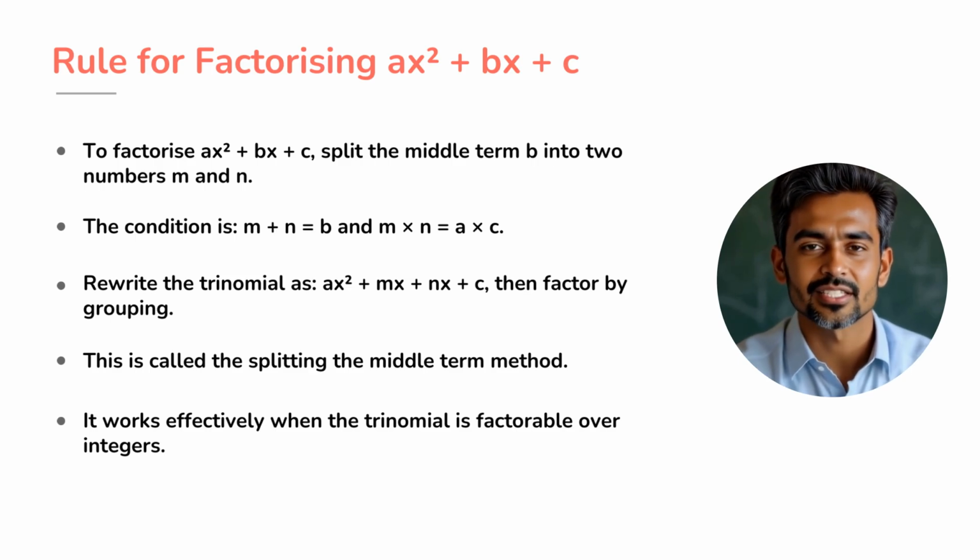Let's write that as m plus n equals b, m times n equals ac. Once we find the right m and n, we rewrite the expression as ax squared plus mx plus nx plus c. Then we group terms in pairs and factor using common terms. This method works very well for most factorable trinomials.